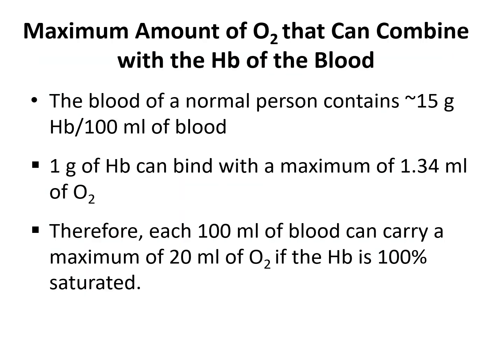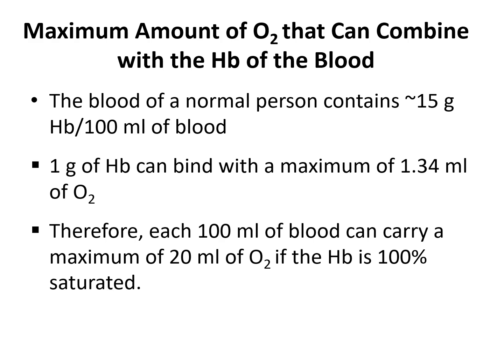So let's do some calculations here. The blood of a normal person contains approximately 15 grams of hemoglobin per 100 milliliters of blood. And we know that 1 gram of hemoglobin can bind a maximum of 1.34 milliliters of oxygen.